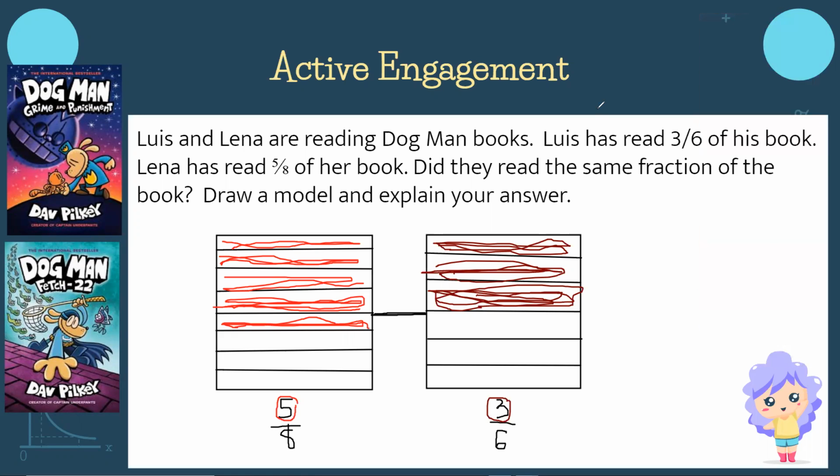While you guys are finishing up, I'll go ahead and do this same problem with two models with vertical lines. Okay, so maybe you tried to do it like this. Oop, that is not a straight line. Let's see here.